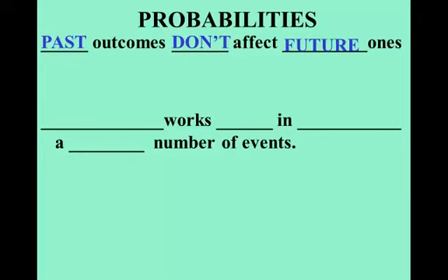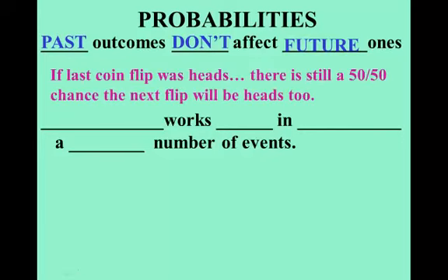No. I could flip another head, or even 2 heads in a row. The next coin flip, I still have a 50-50 chance of getting heads or tails. My past flips don't affect future outcomes.